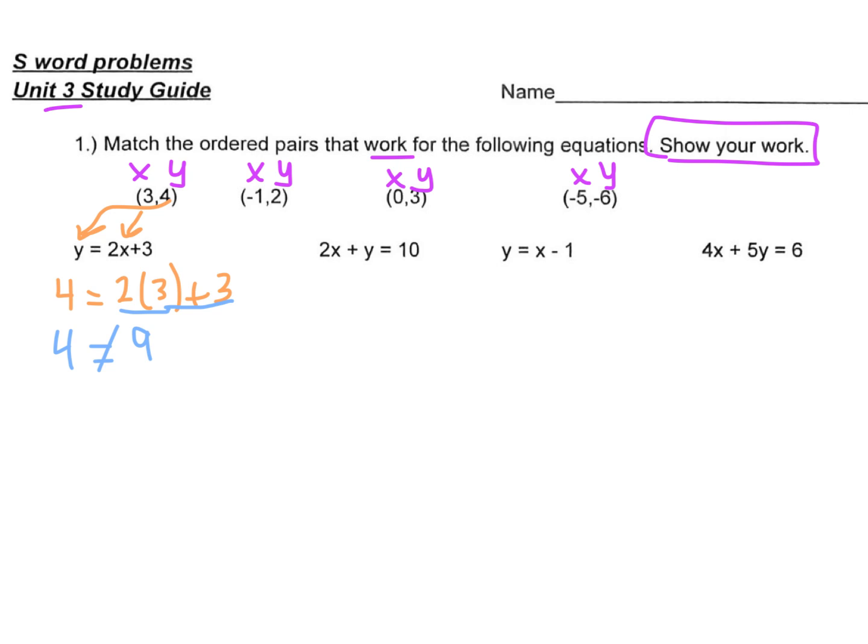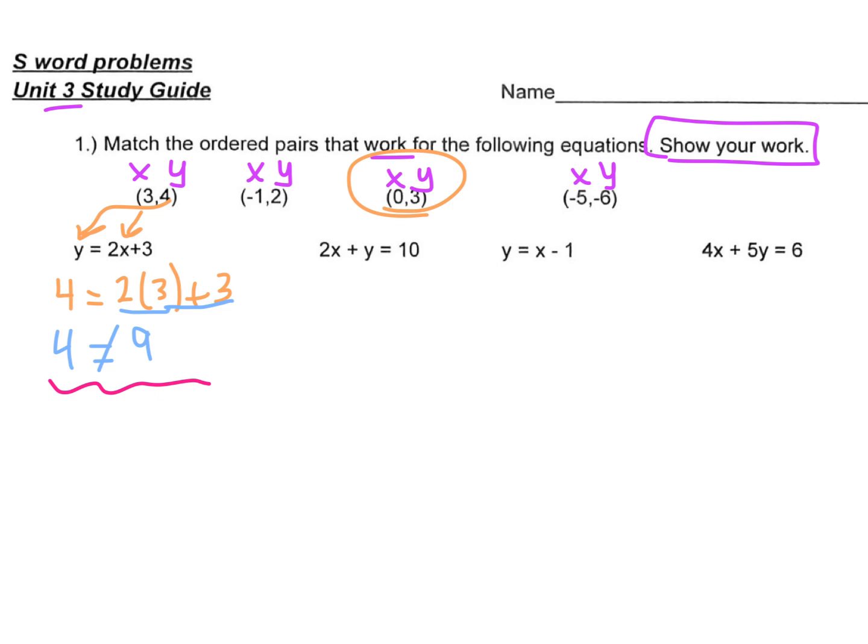Now I'm going to look at my other ordered pairs and see, well, what else could I try? Should I just keep going? But I'm kind of eyeing up this one over here because I see a 0 and a 3, and I see we have a 3 in our equation. So let's see what that one looks like.